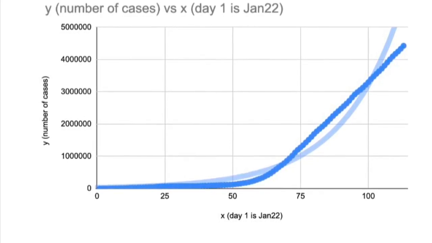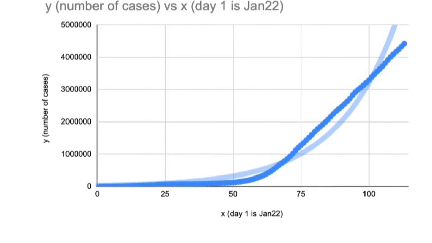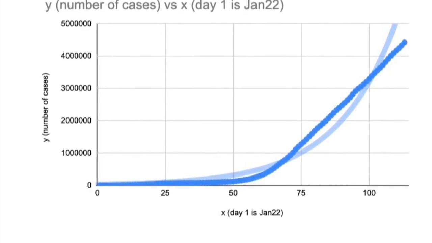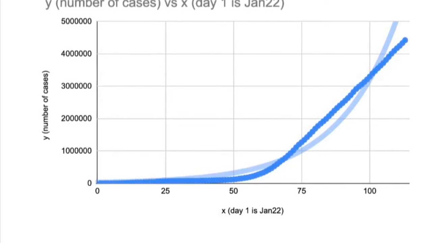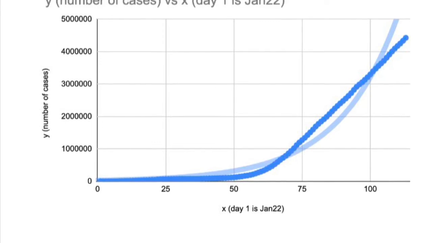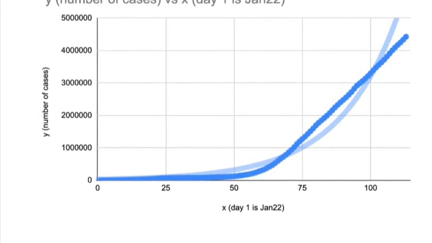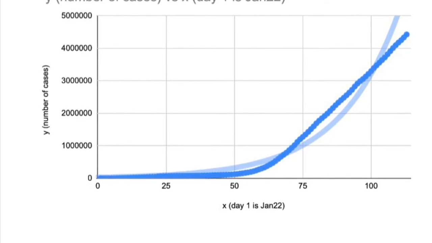So what we can see is now our dark blue curve is underneath the light blue curve, which suggests that our growth rate is declining. It's not the same level of exponential that it was before. And that's what we are talking about when we're talking about leveling the curve. Now, let's look at that on a logarithmic scale.